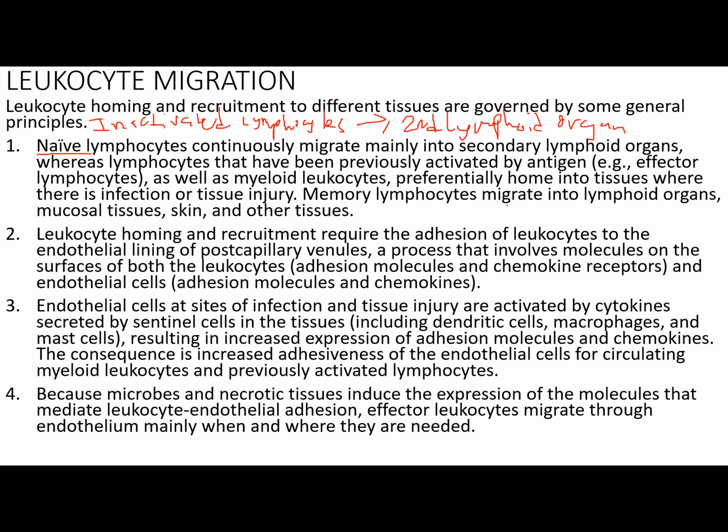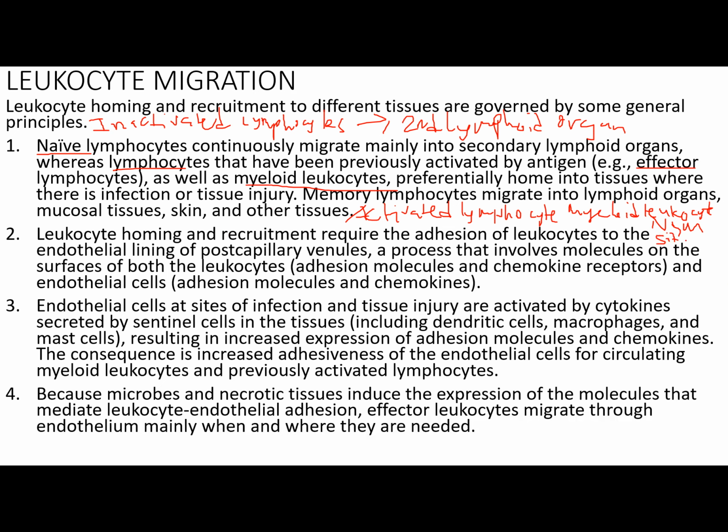While those activated lymphocytes, also known as your effector lymphocytes, as well as myeloid leukocytes, that would go, let me repeat, class, I wrote: activated lymphocyte, activated myeloid leukocyte, this is your neutrophil and monocyte, they would continuously go into the site of infection.